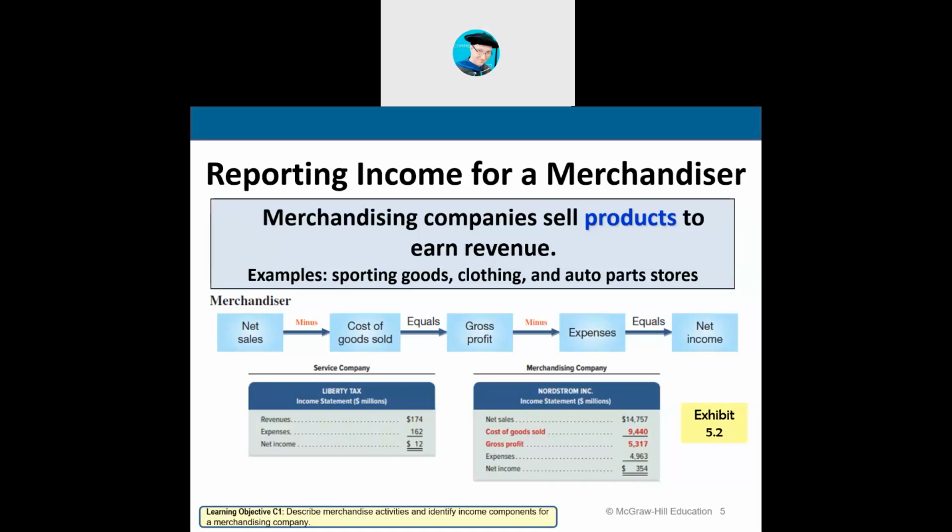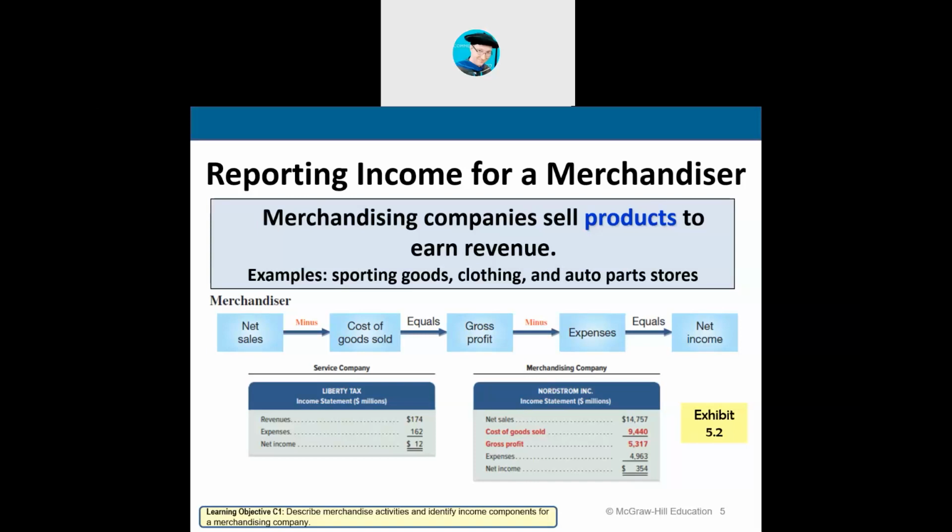So if we compare the service company of Liberty Tax that does tax preparation to Nordstrom, which is a retailer of clothing and other goods, we can see the difference.